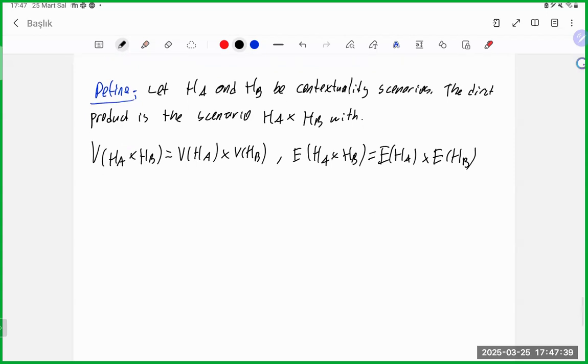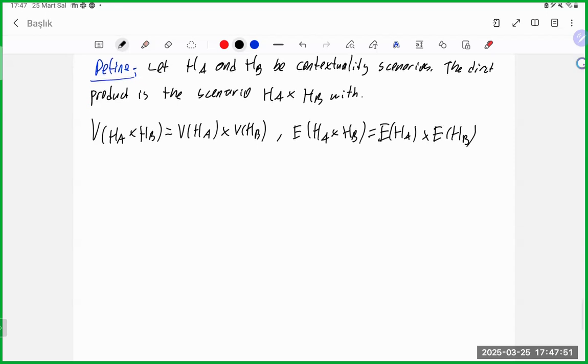Unfortunately, the direct product does not always give physically realizable probabilistic models. For a probabilistic model to be physically realizable, there is a restriction: the outcome of one party's measurement should not depend on the other party's choice of measurement.